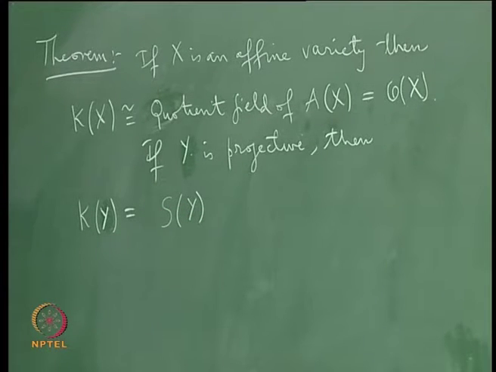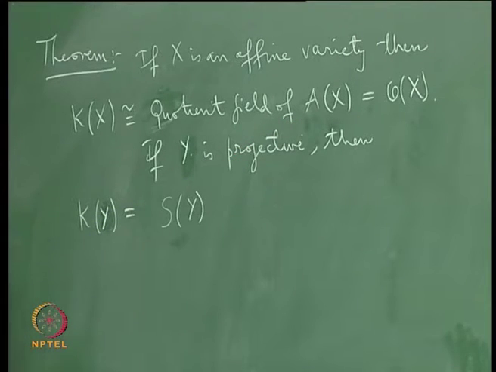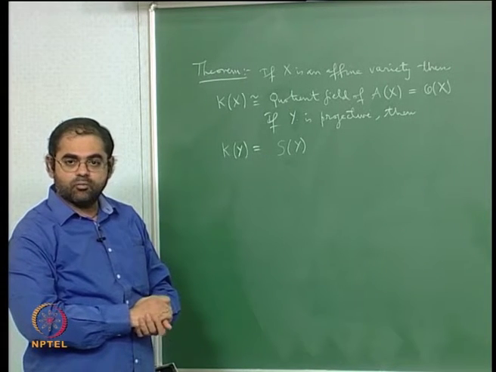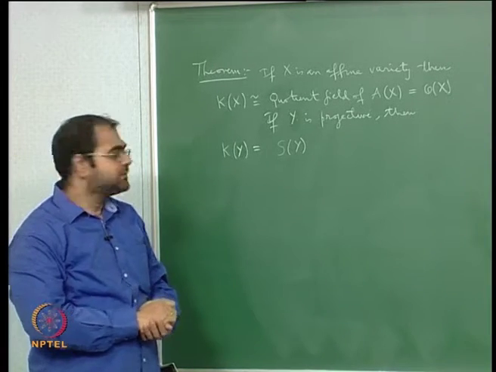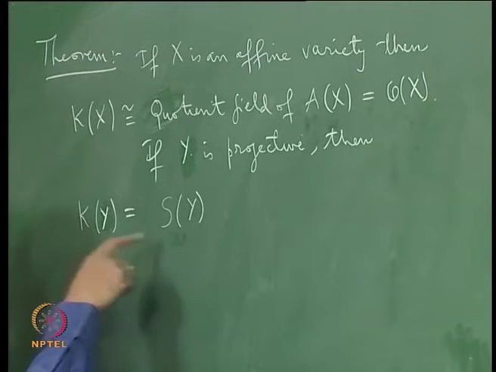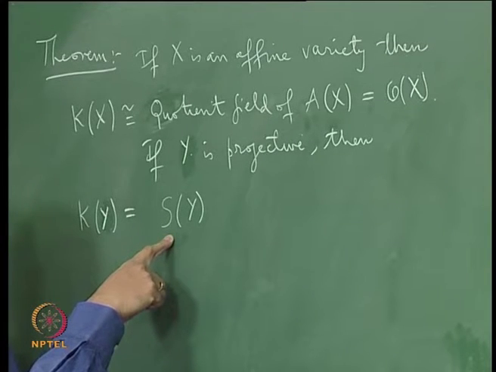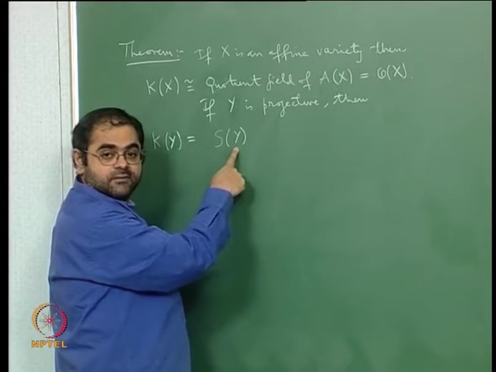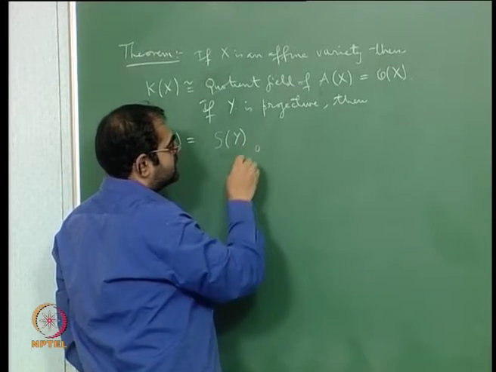The homogeneous coordinate ring is defined the same way as the affine coordinate ring: you take the polynomial ring of the ambient space in which the variety y is embedded, and go modulo the ideal of functions that vanish on the variety, which will be a homogeneous ideal. Then you take the 0 ideal.